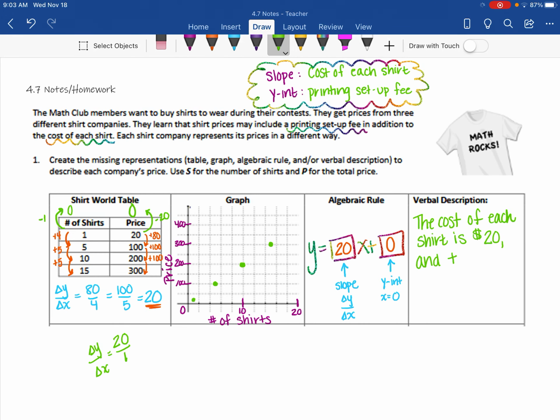And since my y-intercept is 0, there is no printing setup fee. And we're done.